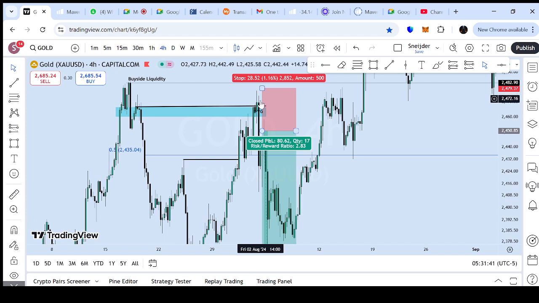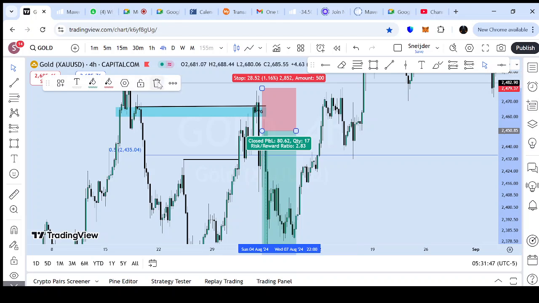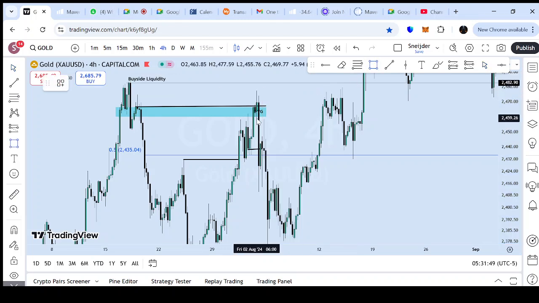Here is a redelivery, then a displacement, then a fair value gap after the displacement, between this last close candle here, the low of it, and the second candle after displacement. Do you see that? Yes.